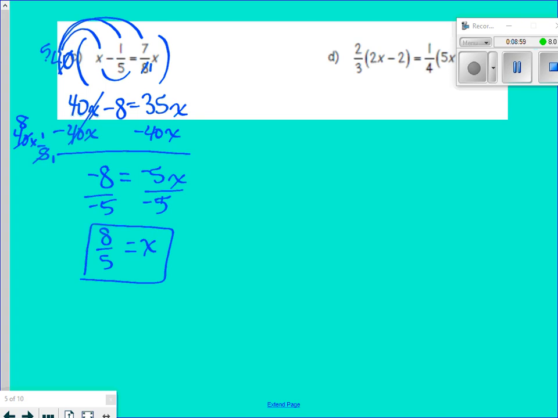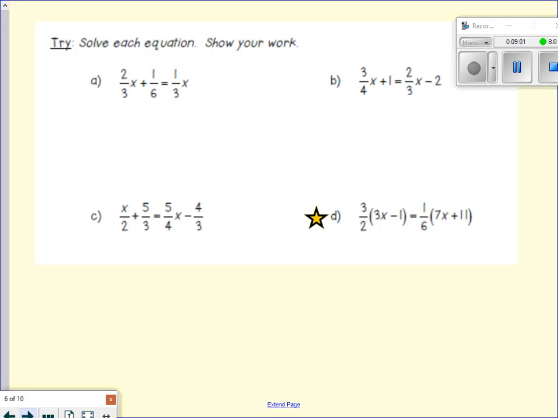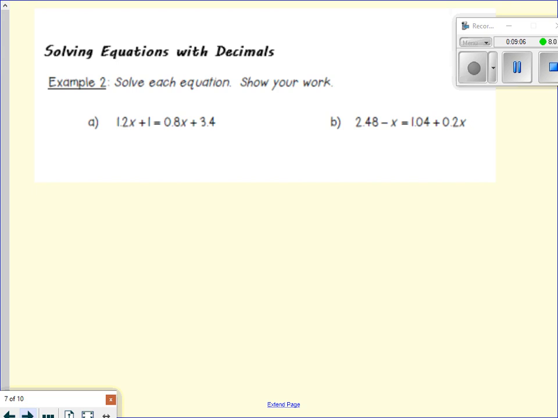Now let's move on to more rational numbers, but more specifically, some decimals. We can also eliminate decimals and not have to work with decimals, just like we did with fractions, okay? The way we're going to do that is very similar.